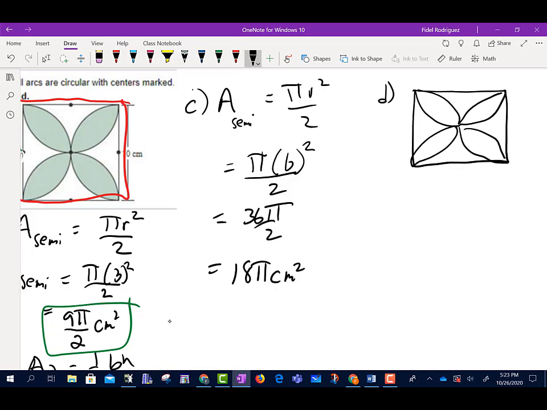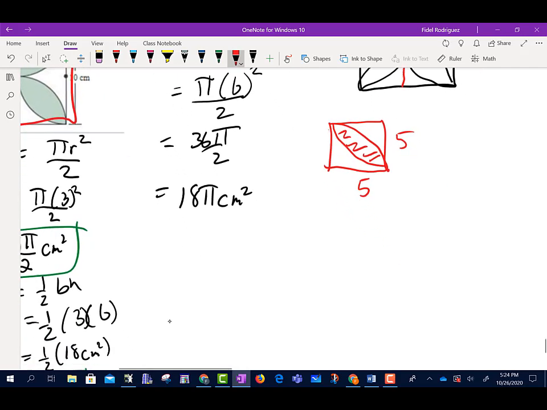And we know that the total distance from here to here is 10. What I want to kind of do is look at a piece of that, okay? So I'm going to look at a piece of it like this, okay? And I know that from here to here is 5, and I know from there to there is 5, okay?